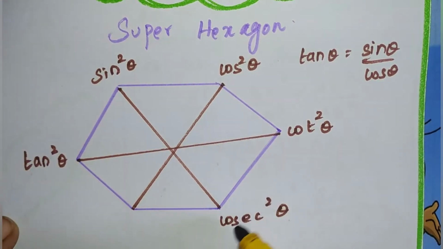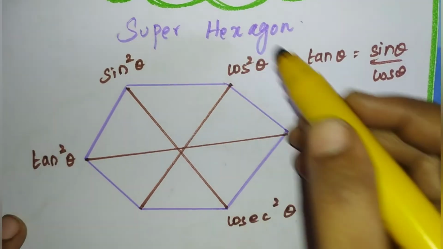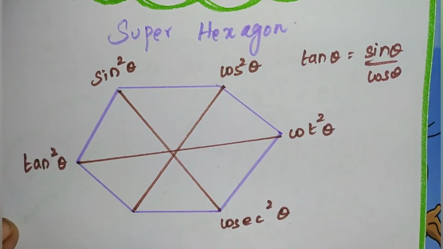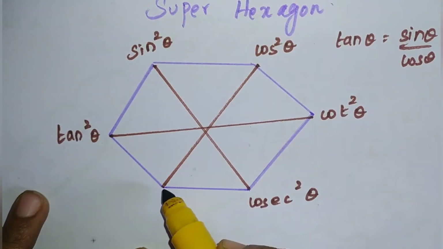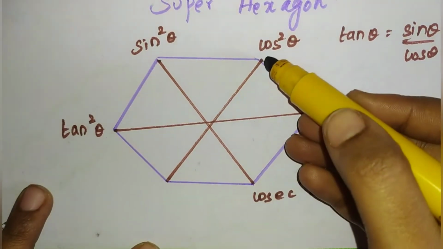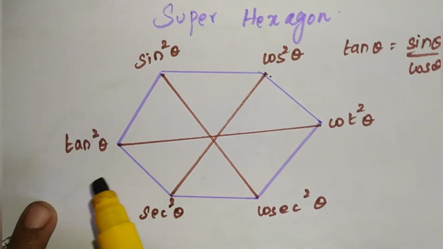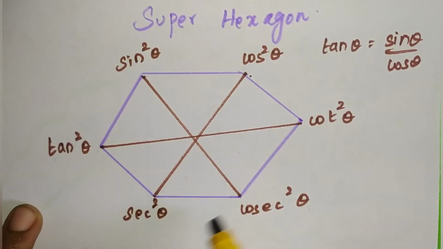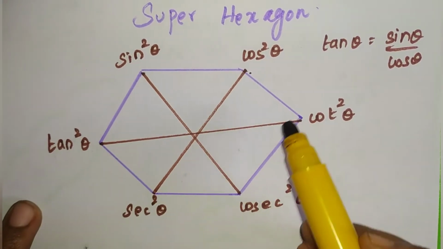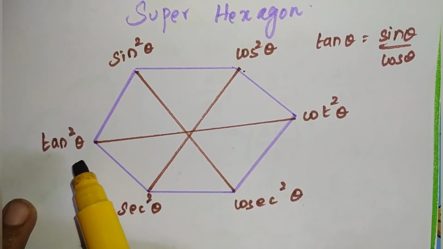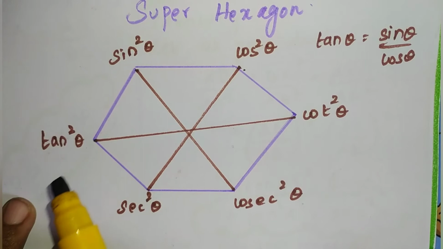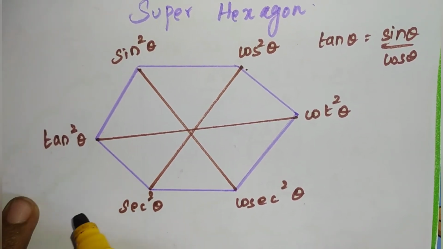All C's lie on the right hand side. Clear? And then cos reciprocal is secant square theta. Clear? We have to draw a super hexagon. In each vertex we have to name the 6 trigonometric ratios.